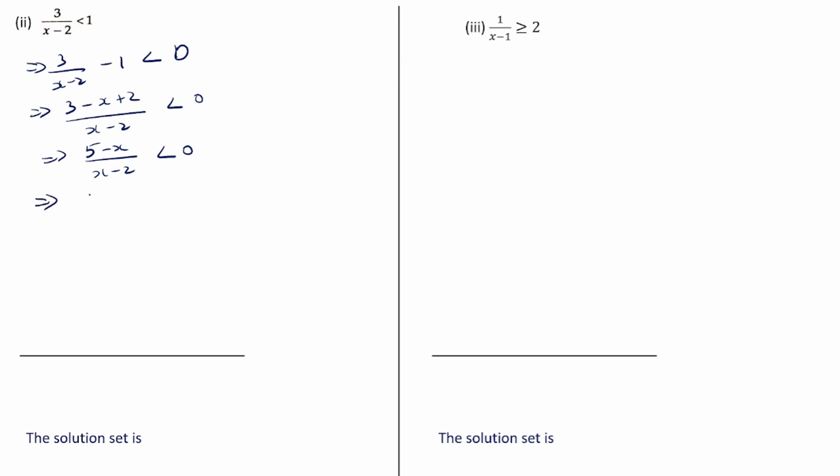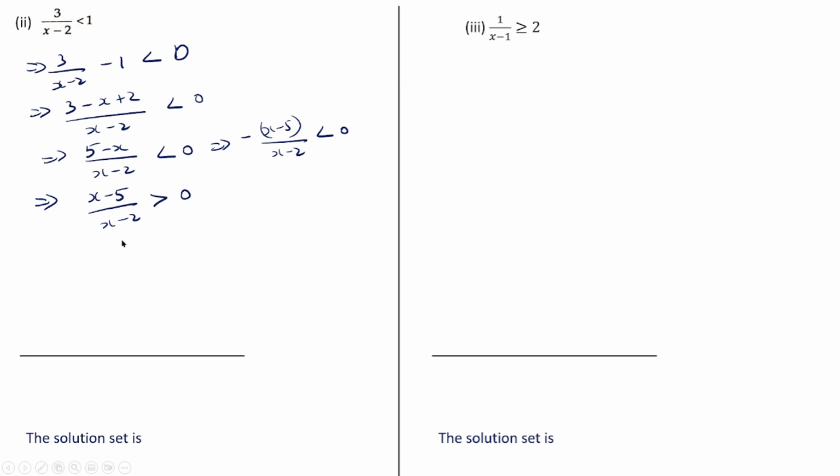So from this we will get x minus 5 upon x minus 2 is greater than 0. So if we remove the negative sign, it is minus of x minus 5 by x minus 2 less than 0. So if we multiply both sides by minus 1, we will get x minus 5 by x minus 2 greater than 0.